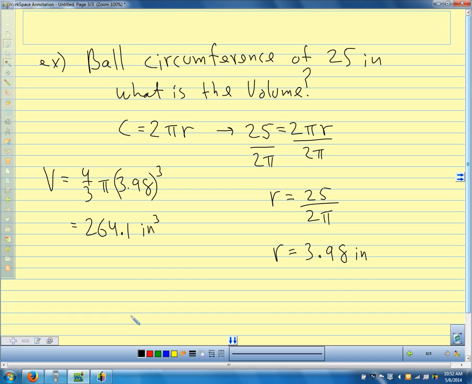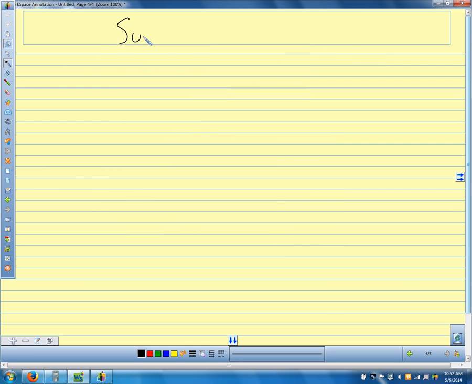Questions on that example? All right, let's talk about our surface area. We found our volume, now let's talk about surface area. Surface area of a sphere.